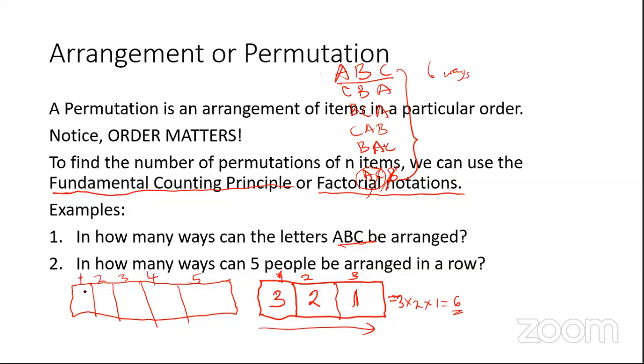So if they ask me how many options I have for filling this place, 5 different options, you put 5 there. For the second person, if I put 1 out of the 4, I'm going to have 4 left. So any of the 4 I can put here. So I have 4 options of filling the second space.